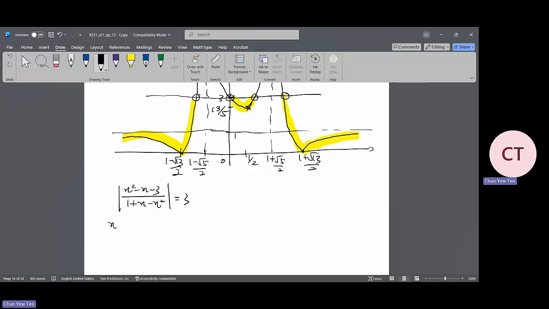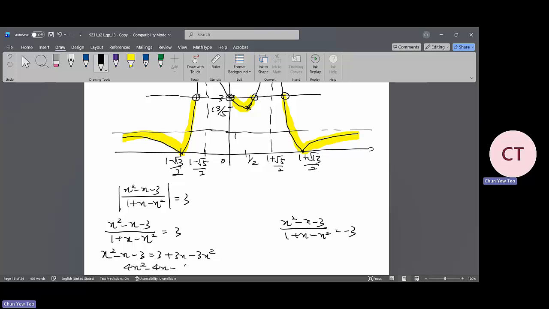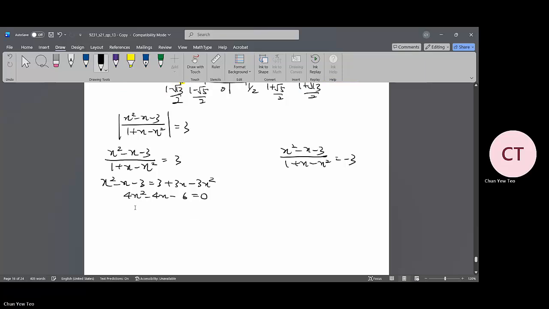So we will have 1 that is a positive 3, and another one that is negative 3. For the one with the positive 3, you need to expand: 3 plus 3x minus 3x squared. Then you will get 4x squared minus 4x minus 6 equal to 0.